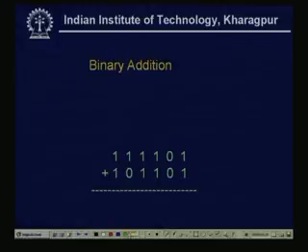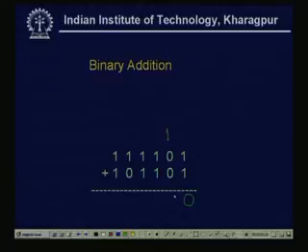See, I have taken one example: these are my two operands, 111 and 101, and I am adding that with 101, 101. If it is 1 plus 1, that means my sum should be 0, carry should be 1. Then 0 plus 0 is 0, and that is added with another 1.